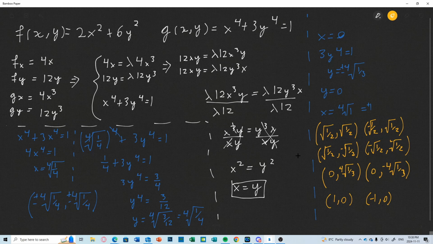Now to find the maximum and minimum, you'll have to plug all these into our original equation to see which one is going to be your max and which one's going to be your min. But to save some time, all you have to do is test one of these points where we have the positive or the negative, because if you see, our x and y are both to the power of 2, meaning it would cancel the negative anyway.